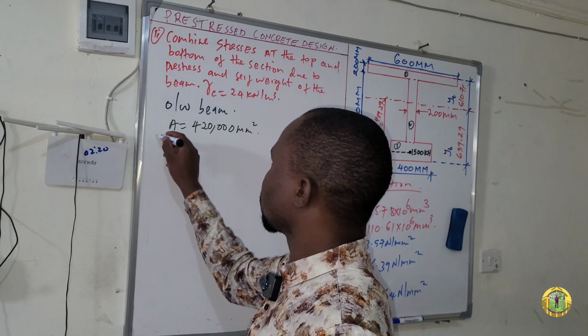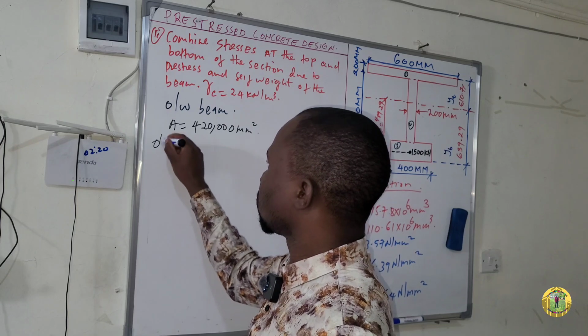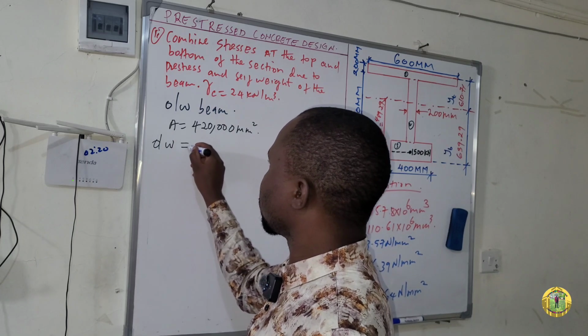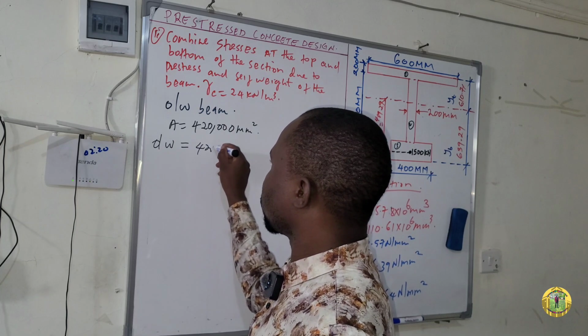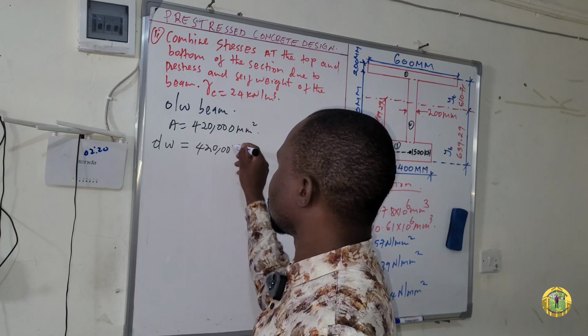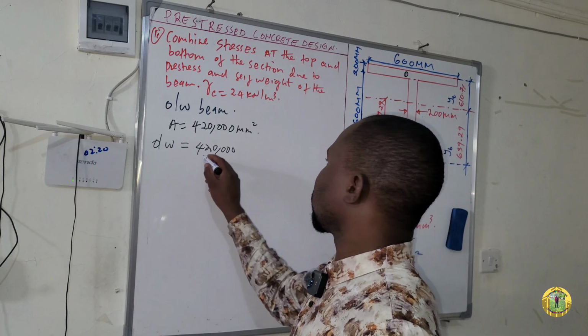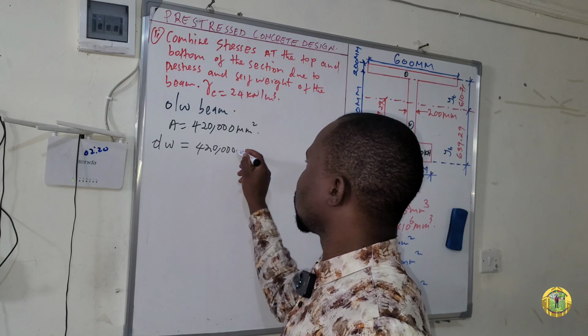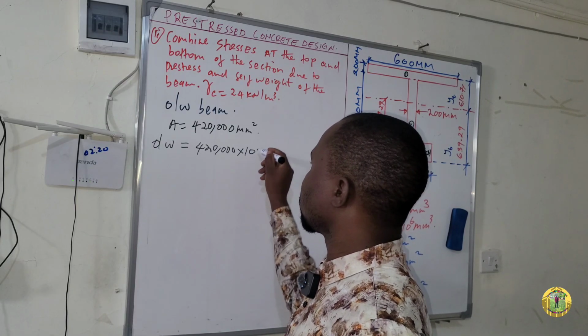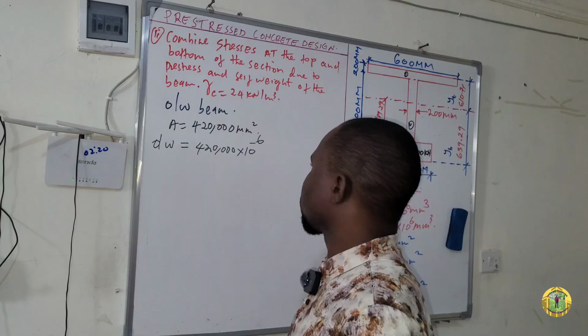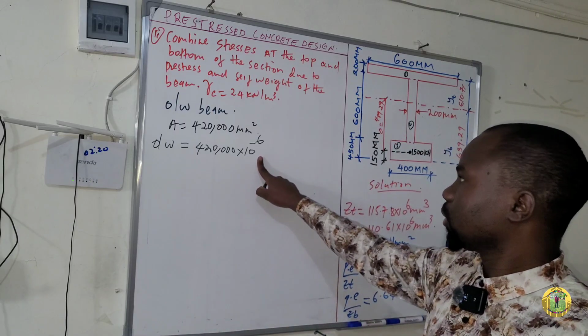So the loading, or the self-weight of the beam, is equal to 420,000 times 10 to power of negative 6. Why 10 to power of negative 6?